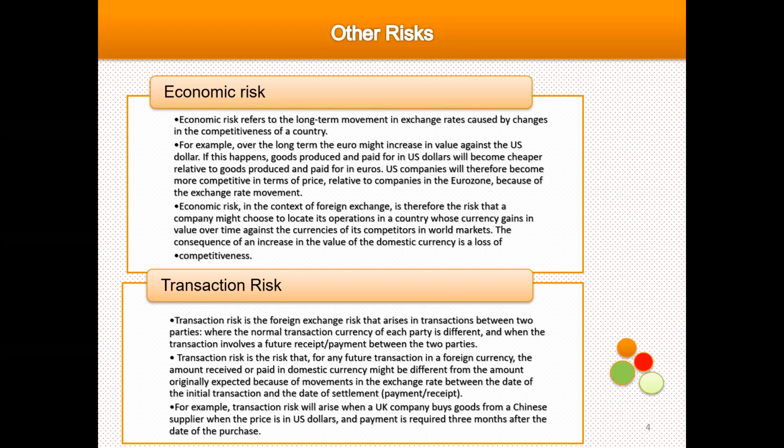So the transaction risk is the risk that for any future transaction in a foreign currency, the amount received or paid in domestic currency might be different. Might be different. So that's the key here. Might be different from the amount originally expected. I hope that makes sense.